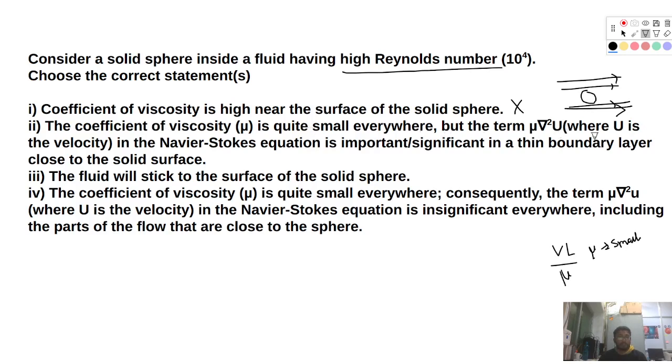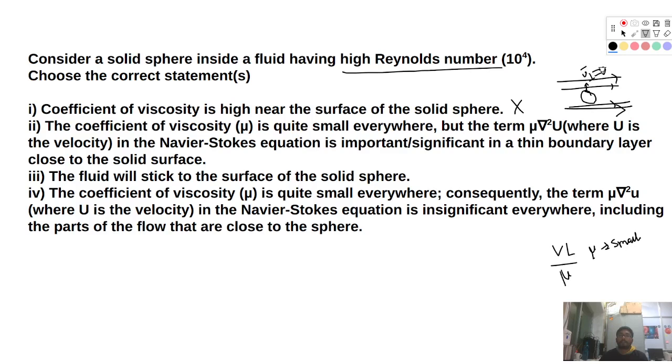Now the second statement: the coefficient of viscosity is quite small everywhere, but the term mu grad square u, where u is the velocity in the Navier-Stokes equation, is significant in a thin boundary layer close to the solid surface. Now when you have a sphere and a fluid, first of all, if it is inviscid, there is a boundary condition which tells us that there is no velocity in the perpendicular direction, right?